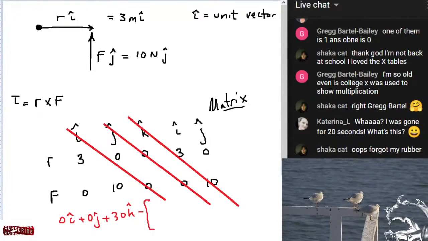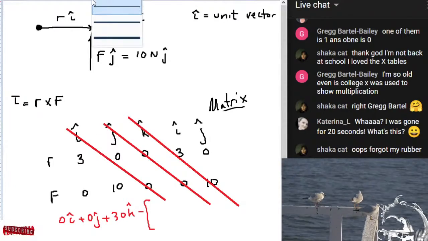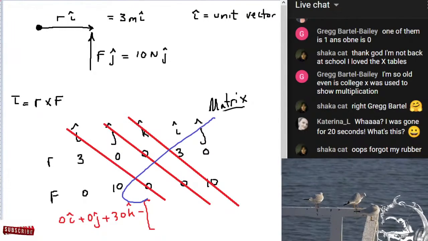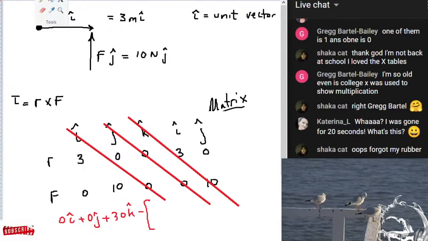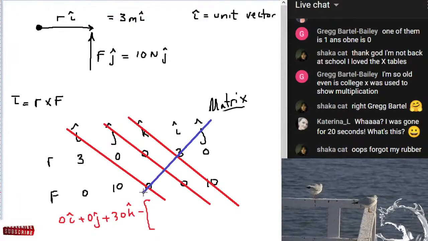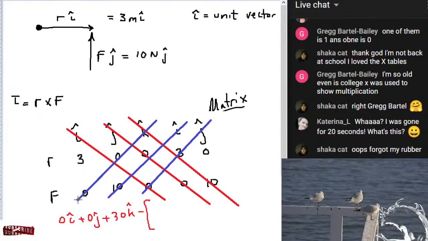We're just going to subtract the other direction. So we're going to do this. 1, 2, 3.